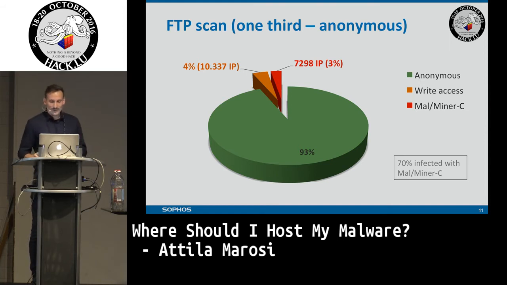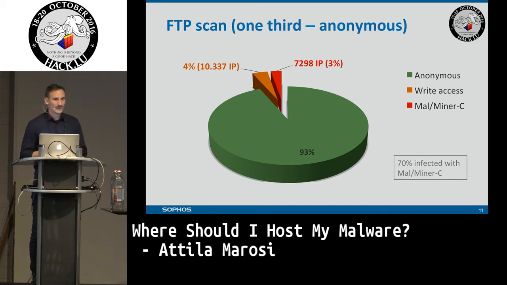If we focus on anonymous servers, where we have the ability to log in with anonymous credentials, there were 4%, the 10K, where we have write access. And of those with write access, 70% were already infected with one threat, malware C. And the average of full infection is roughly 90%.